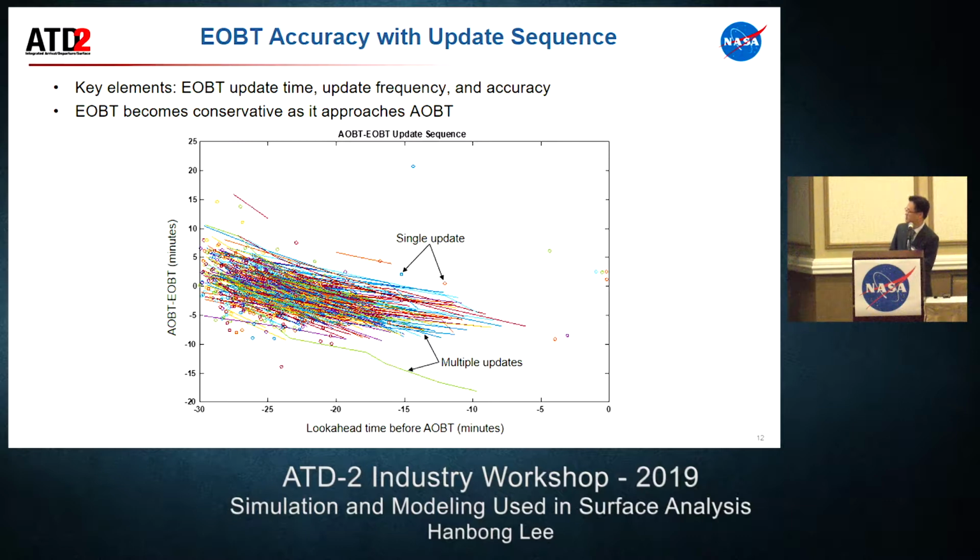That means the UVT becomes later than the actual flight ready time, because the airline wants to put some buffer time in their UVT value to consider some uncertainties related to flight operations.